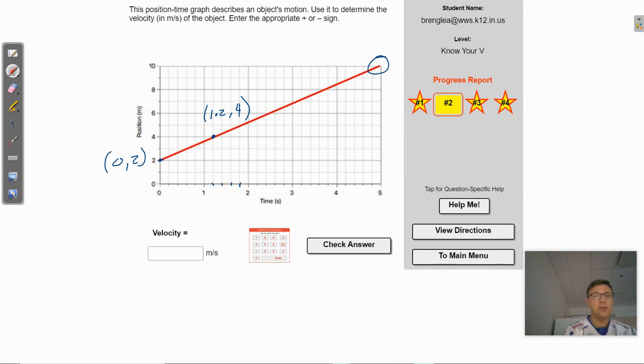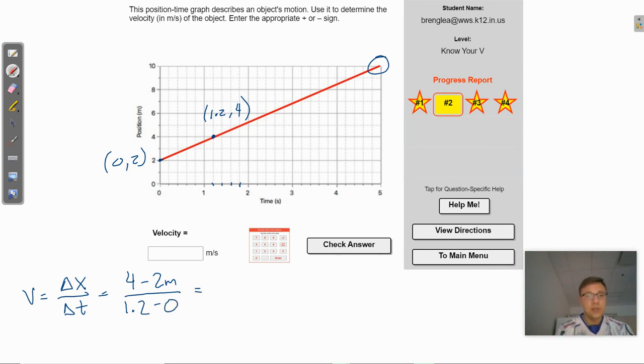So we'll do our slope calculation, which, remember, is going to be the change in position over the change in time. Okay, and that is the velocity of the object. So the change in position, the final position was 4 meters minus the initial position, which is 2 meters, over the time interval, which was the final time, 1.2 seconds, minus 0.